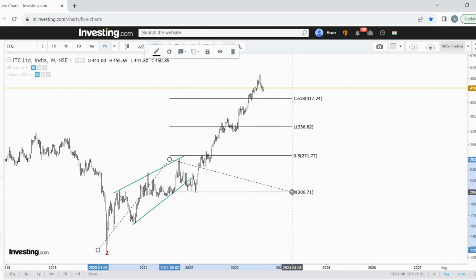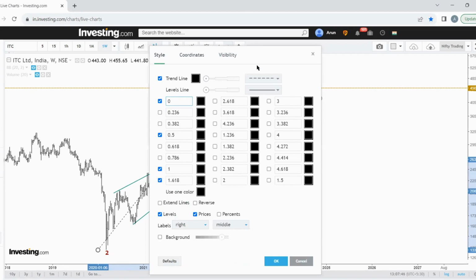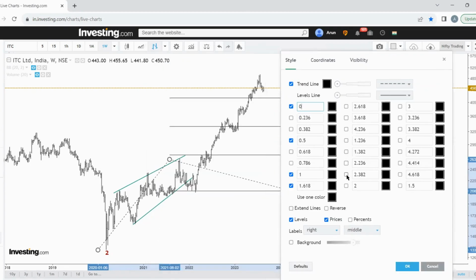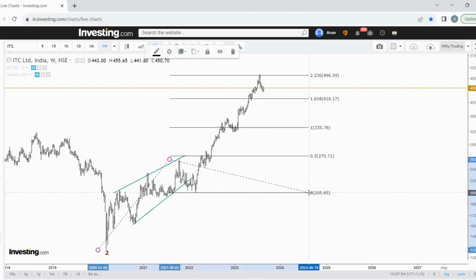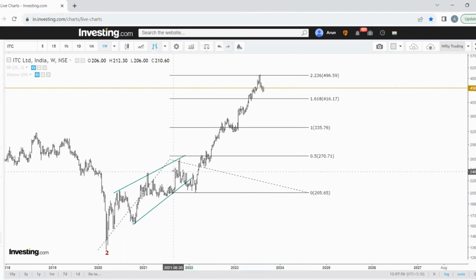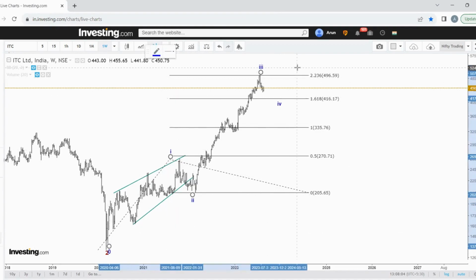It has crossed 1.61, right, which is the minimum requirement for a leading diagonal, and exactly the 2.236 level. So it's wave 1, wave 2, wave 1, wave 2, and wave 3, and a wave 4 and a wave 5.